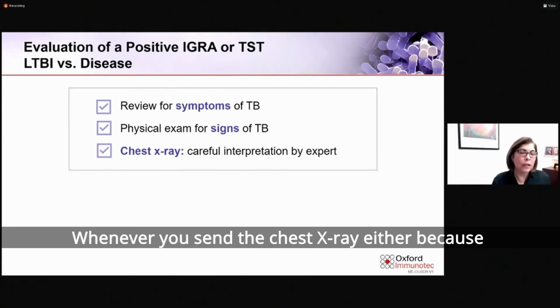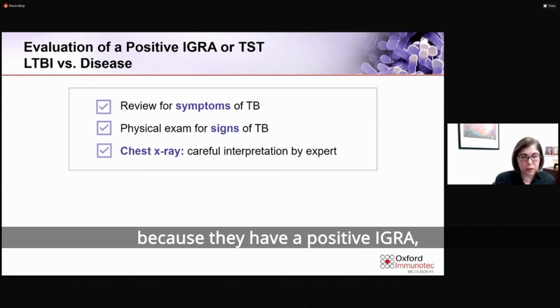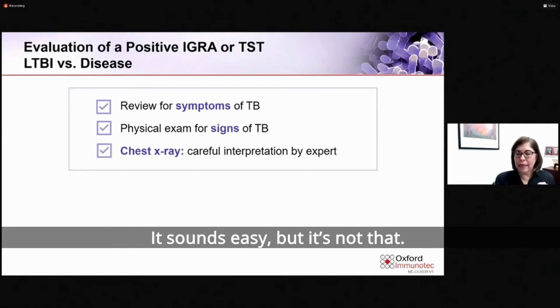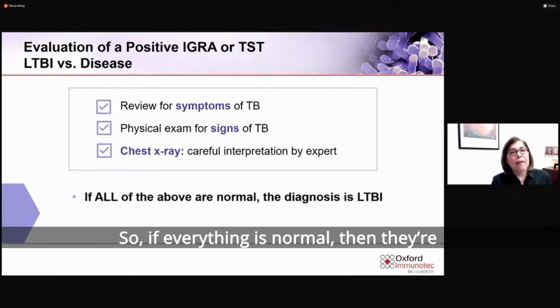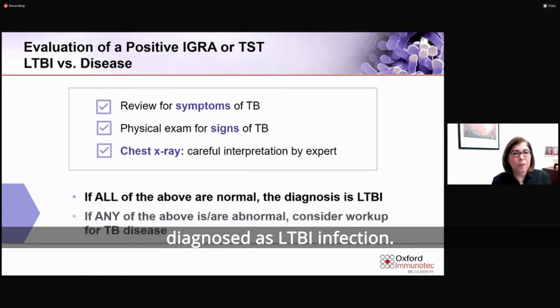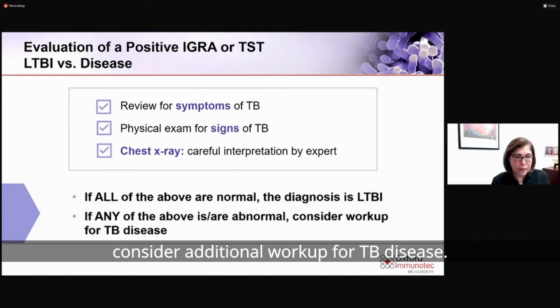Whenever you send the chest x-ray, either because they're high risk, because of symptoms, or because they have a positive IGRA, you need to review the x-rays very carefully. It sounds easy, but it's not. So if everything is normal, then their diagnosis is LTBI infection. If anything is abnormal, obviously they need to consider additional work for TB disease.